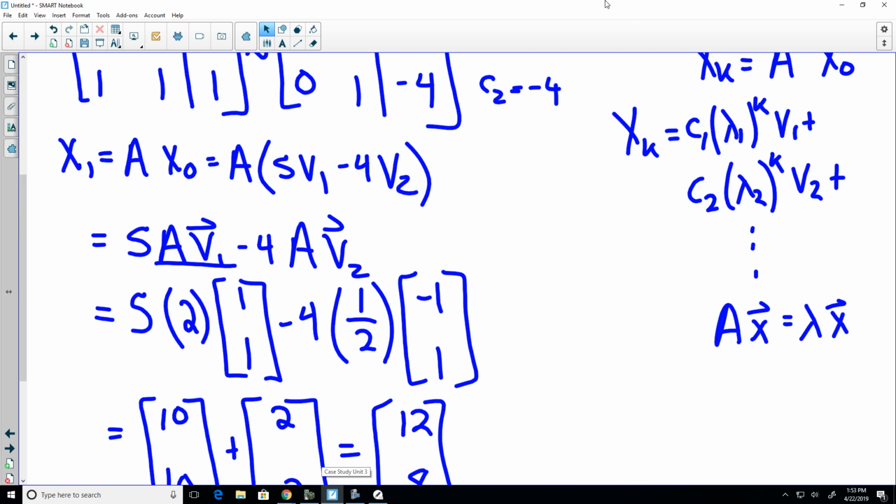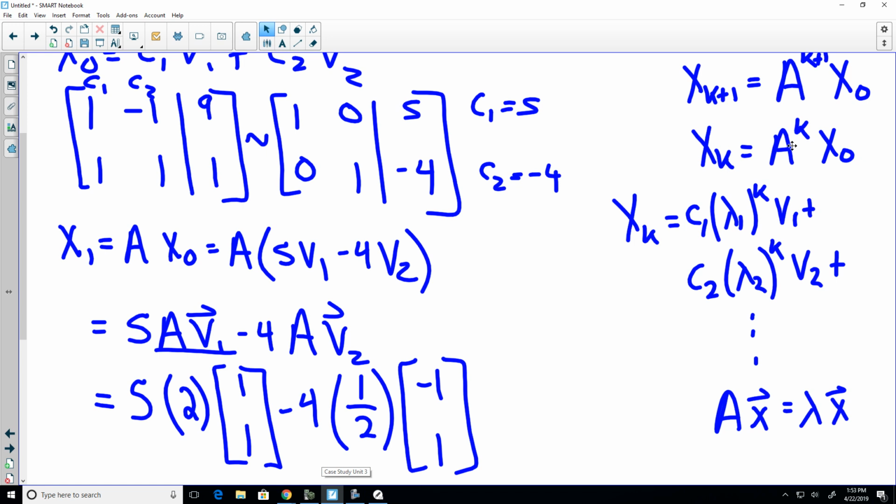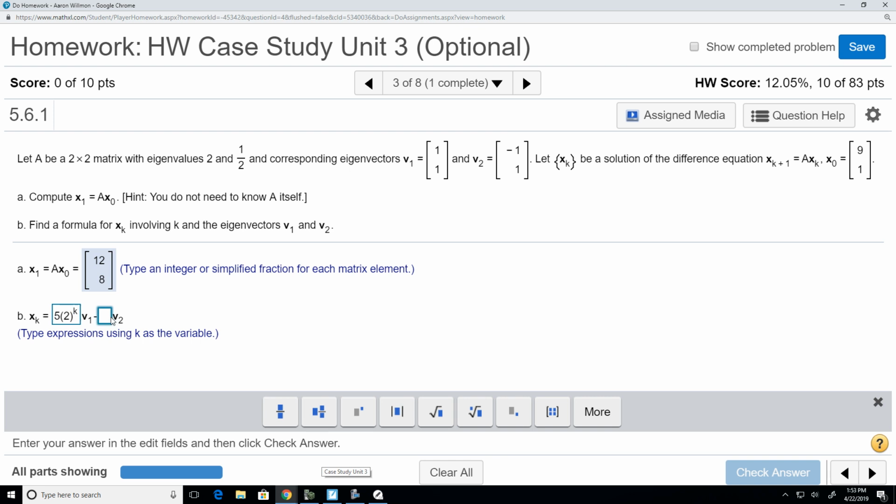So instead of multiplying A k times, we multiply the lambdas. So this is going to be minus 4 times 1/2 to the k.